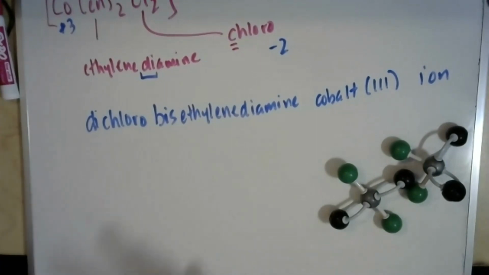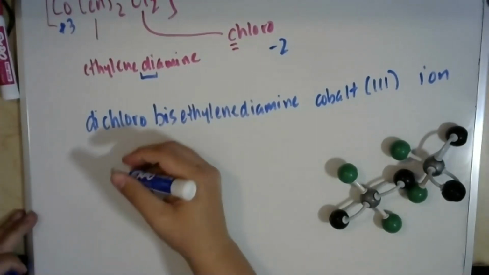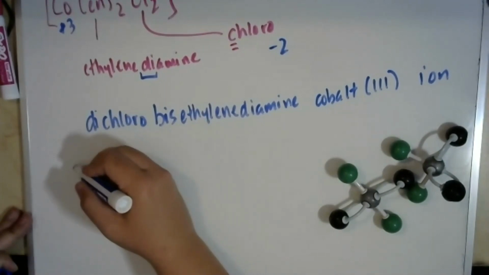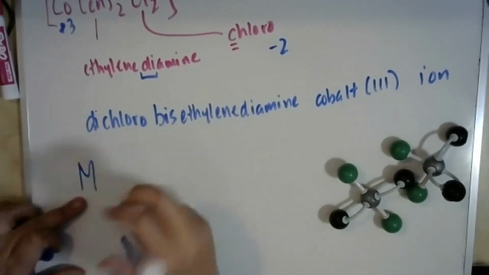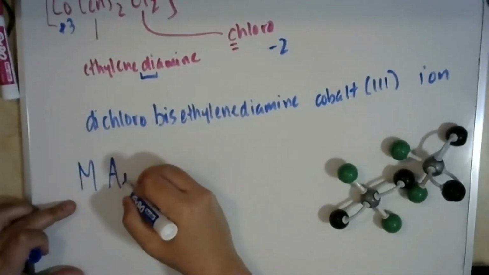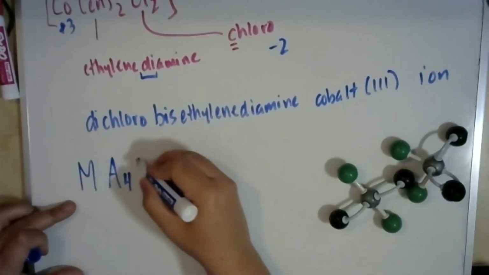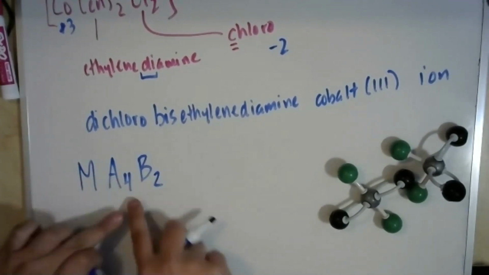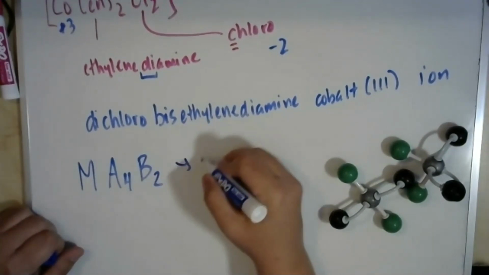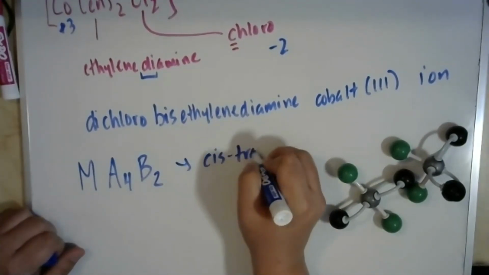If you have a type of isomerism where it's your central metal, which the M represents, and then one of your ligands takes up 4 spaces and another ligand takes up 2 spaces, this type of orientation can lead to cis-trans isomerism.